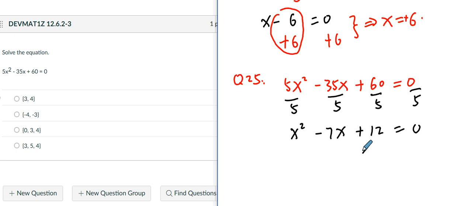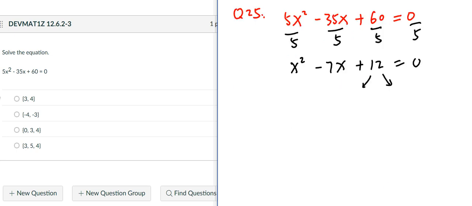Okay, now you see how we are going to split this 12. That's the issue now. Well, here is negative, so we may split 12 into two negatives. Negative 3 times negative 4 is positive 12.